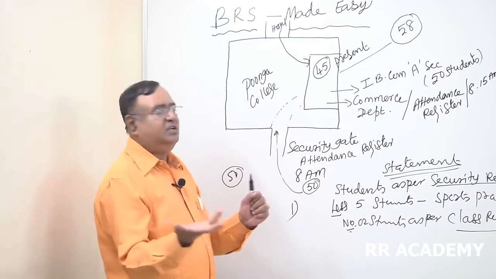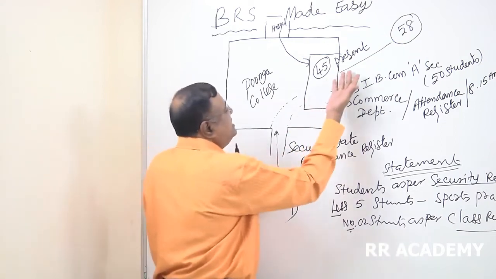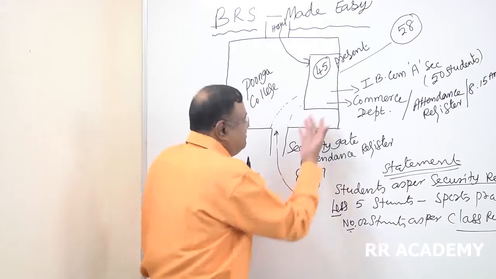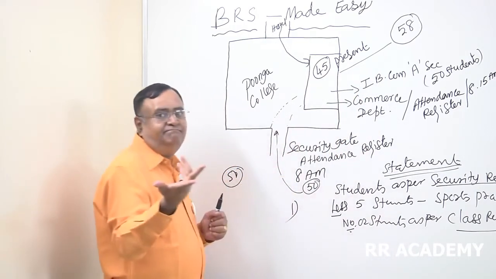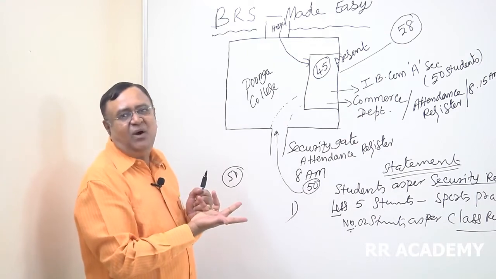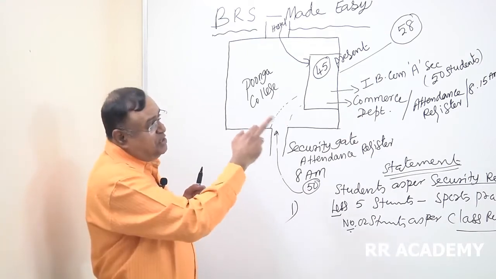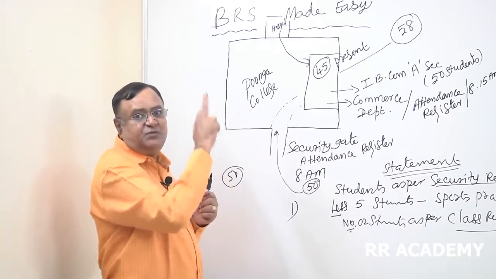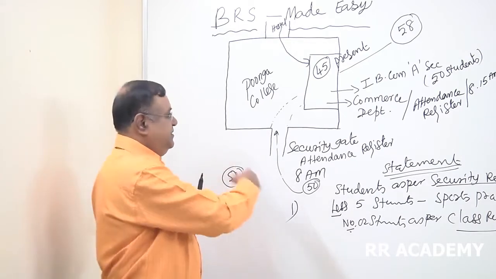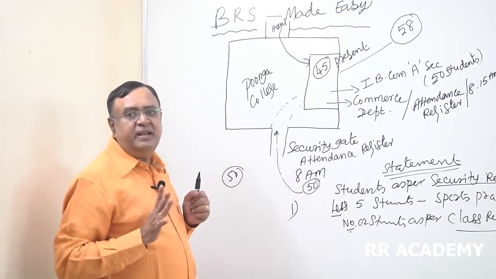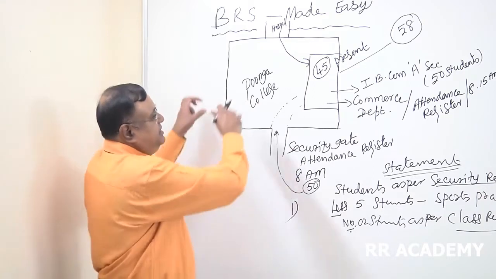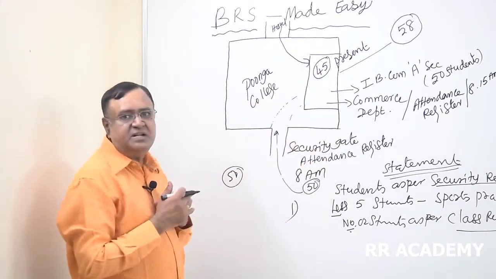Suppose, friends, the same time is taken, the same person, the same place, there won't be any difference at all. These are the three reasons for differences: different persons, different timings, different place. Fine. So, this is as far as the college is concerned.